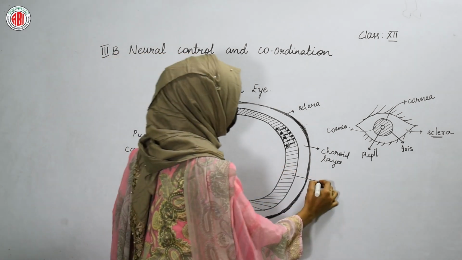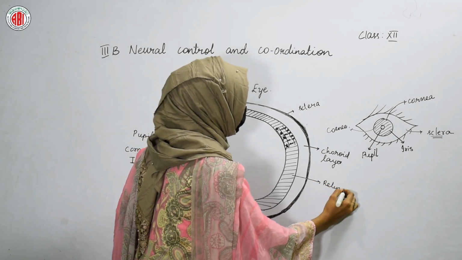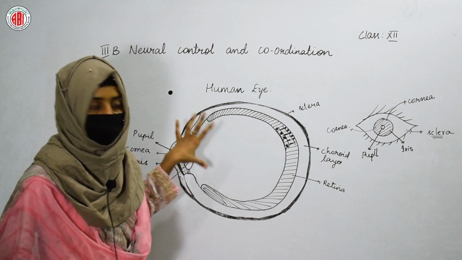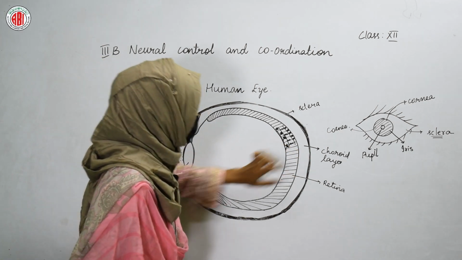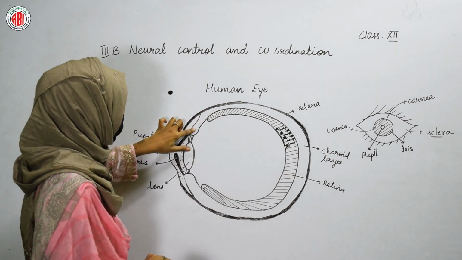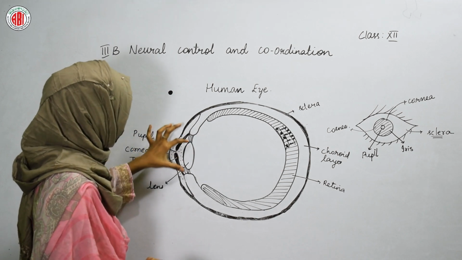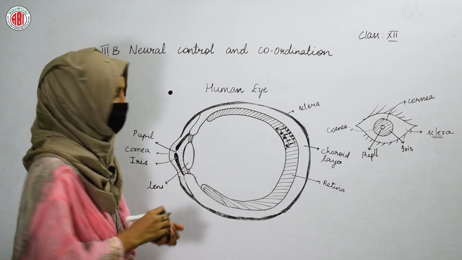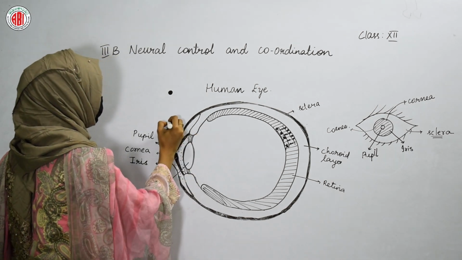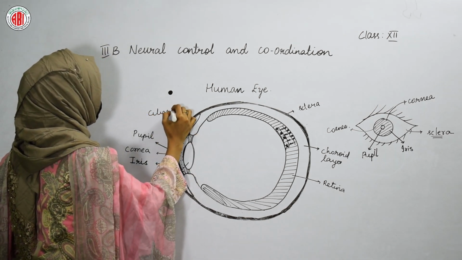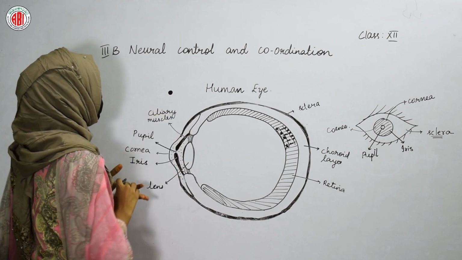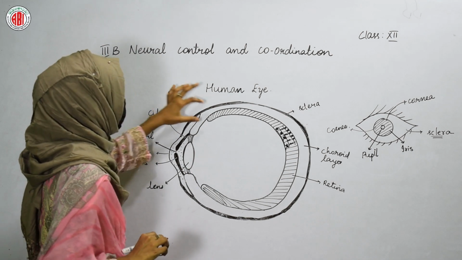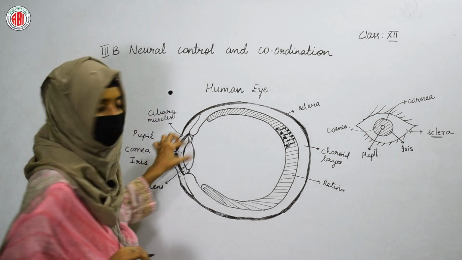So, the third layer is the retina. The sclera forms a 360 degree angle, and even the choroid layer. The choroid layer, which is the second layer, attaches to the lens of our eye with the help of some muscles called ciliary muscles, or we can call them ciliary bodies. So, ciliary muscles are present that help to attach this choroid layer to our lens.